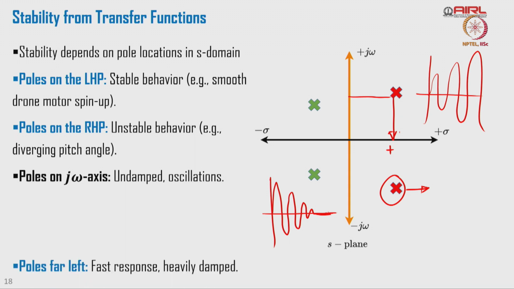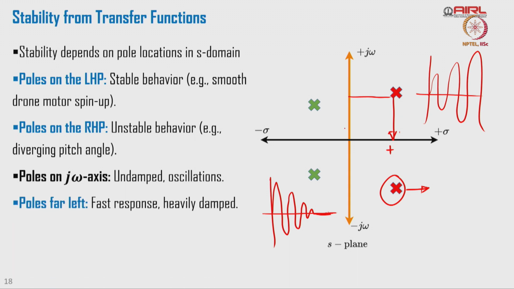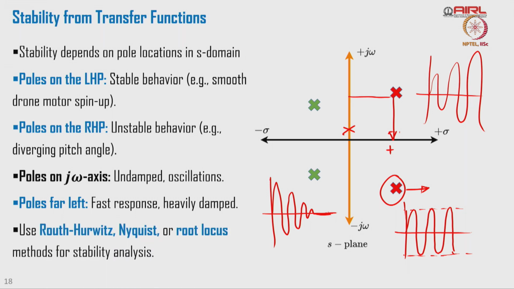Poles on the j omega axis will give sustained oscillations, keeping the same magnitude of omega. If the poles are far left, like here, then it will give a fast response and the damping will be high.